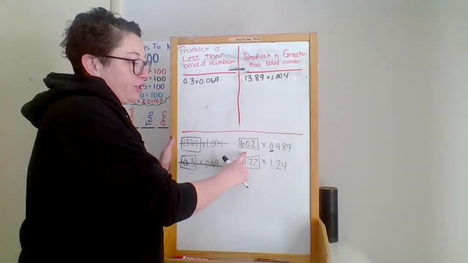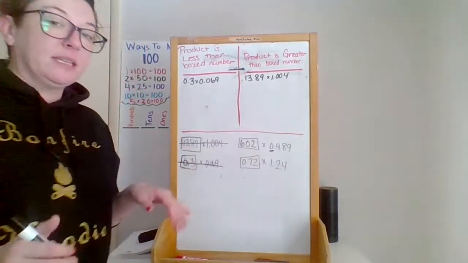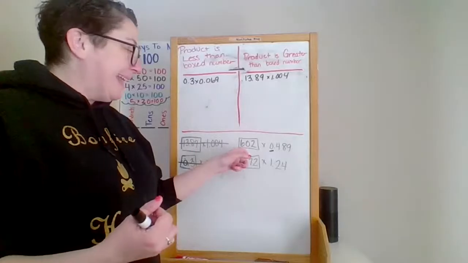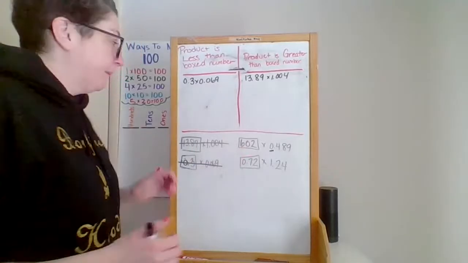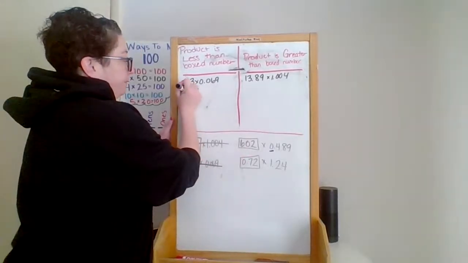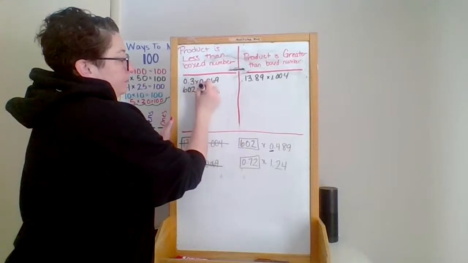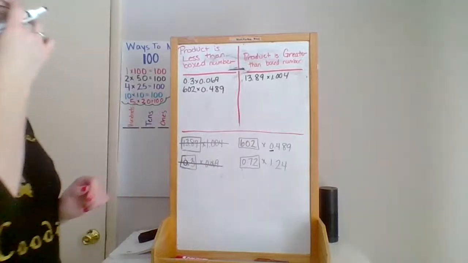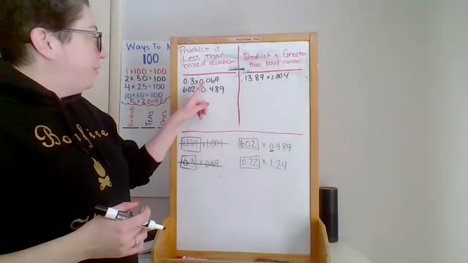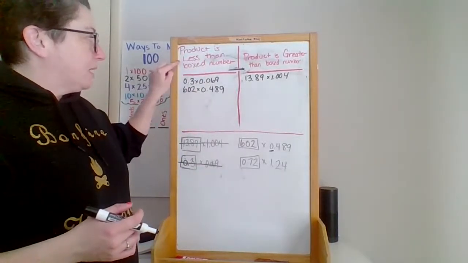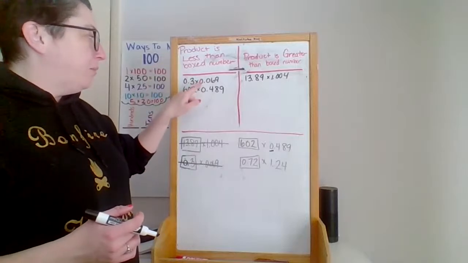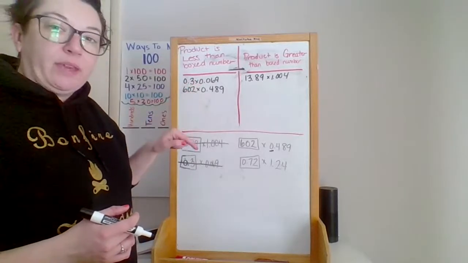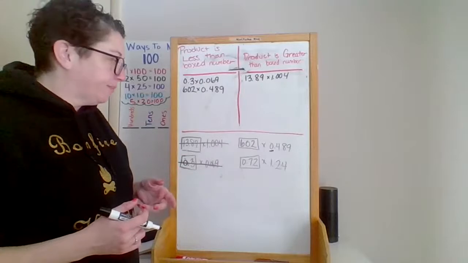So 602 times 489 thousandths is going to end up being less than 602. So that's going to go over here. And I noticed that in this side where the products are less than the boxed number, both of these have a 0 in the ones place because we don't have any wholes.